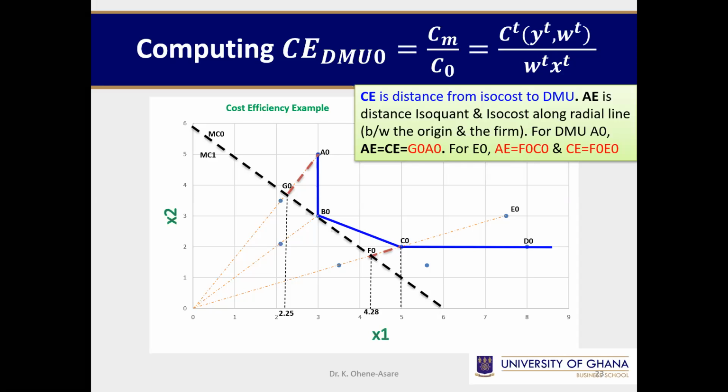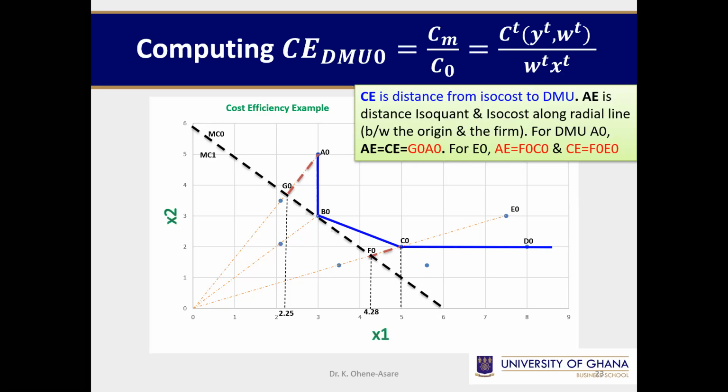So if you are calculating the cost efficiency for A to be OG over OA, then the allocative efficiency there is the distance between the isocost and the isoquant along that radial line. So in the case of A, what is it going to be?